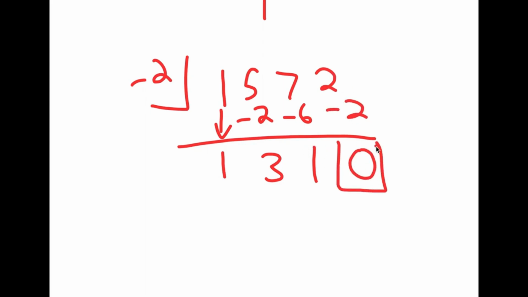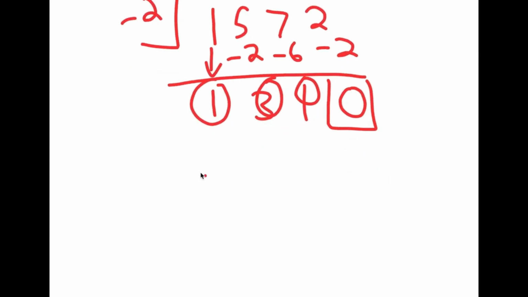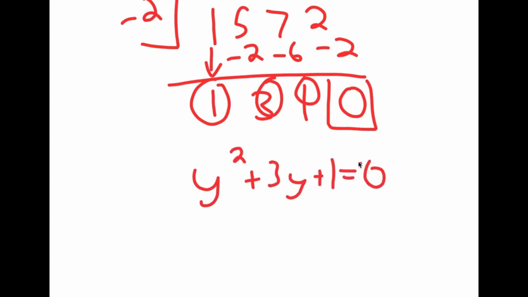So 0 is our remainder, and we are left with 1, 3, and 1, meaning we get y squared plus 3y plus 1 is equal to 0.